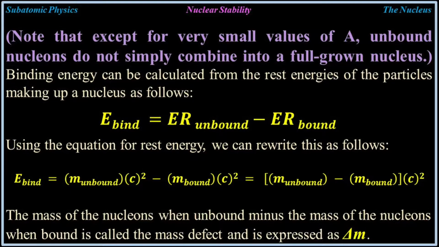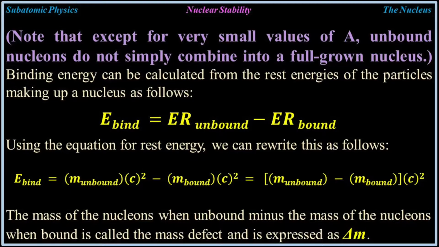E bind equals E R unbound minus E R bound. Using the equation for rest energy, we can rewrite this as follows.